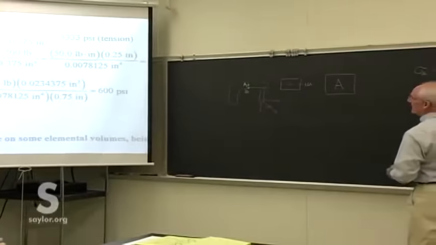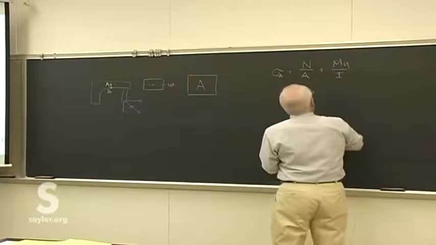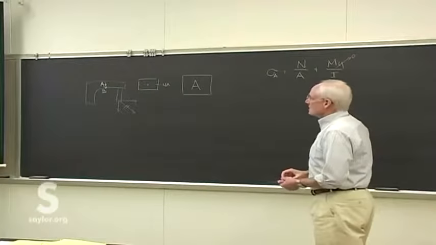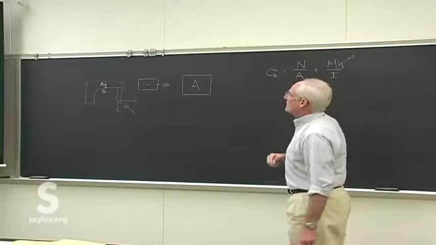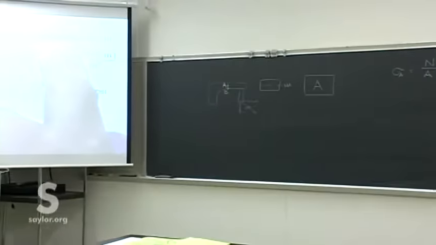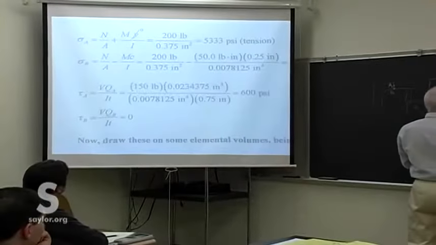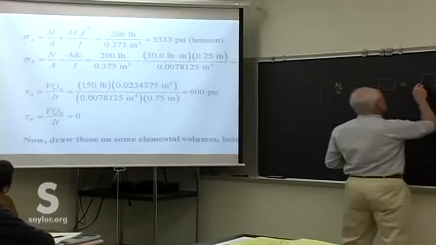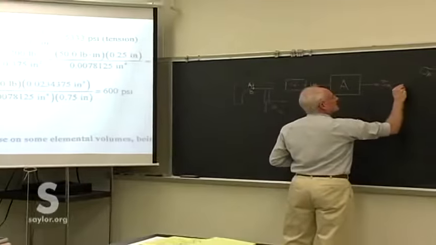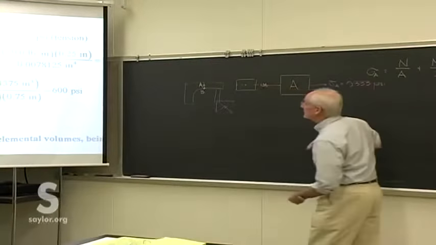So that's why the bending stresses were 0 there. So with that solution then for the normal stresses at A, 533 in tension, I can then draw that on this element. It's in tension. Right, number 533, yeah.